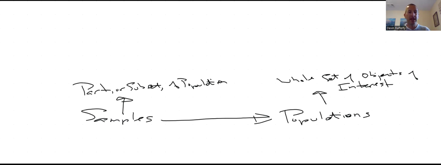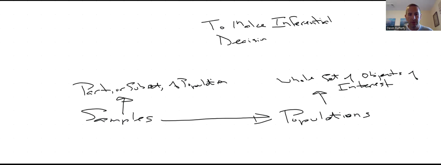Now, in quantitative analysis, if we're going to make inferential decisions from samples, from samples we get something that are known as statistics.